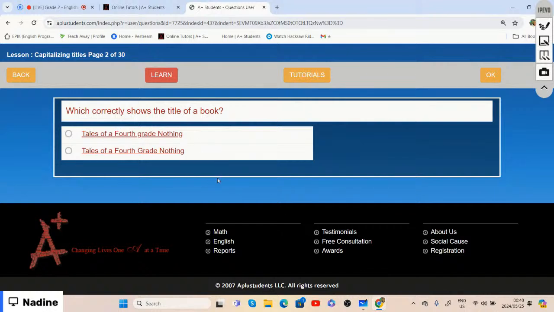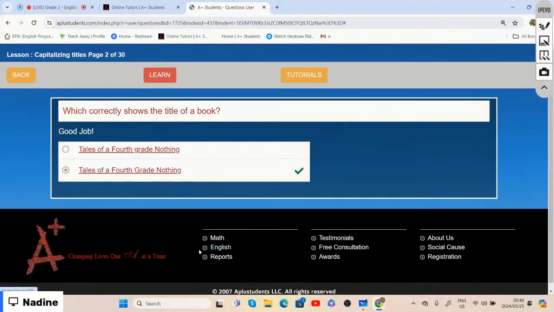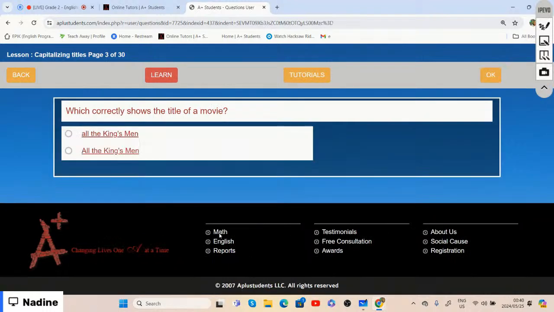And if we select the correct one, we will say Tales of a Fourth Grade Nothing. That is the title of our book, right? So well done.